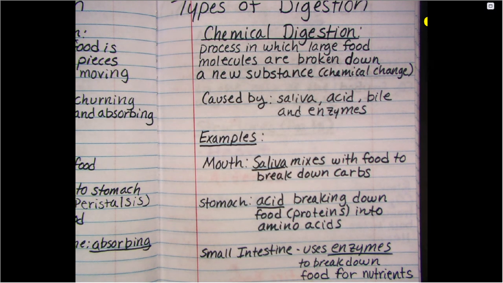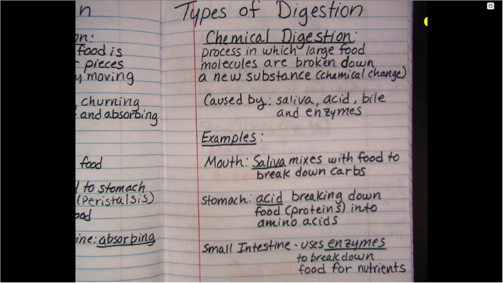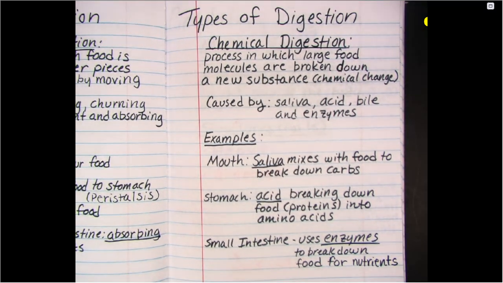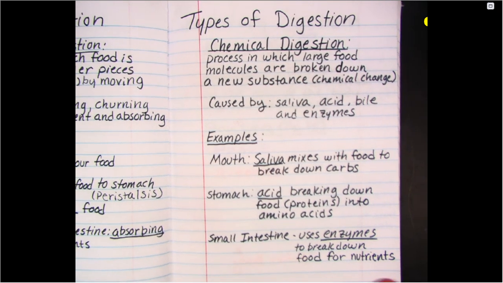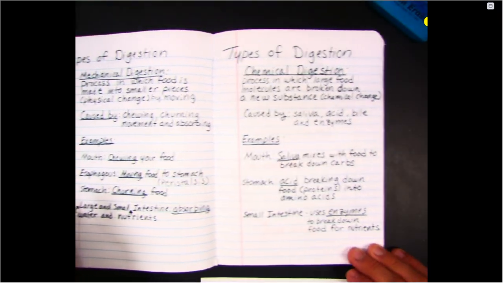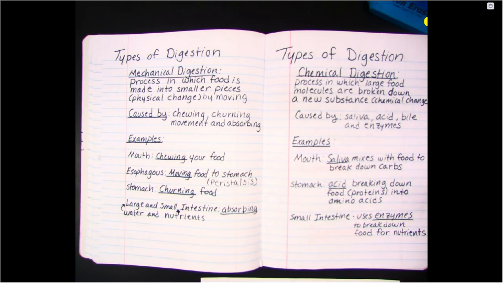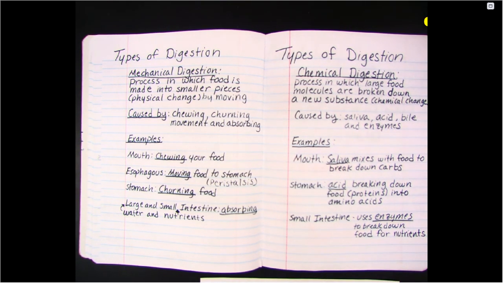So these are three different examples of chemical digestion and where it happens. If we look at both, you can see that in some areas both chemical and mechanical digestion happen. In the mouth you have both, and also in the stomach and the small intestine.